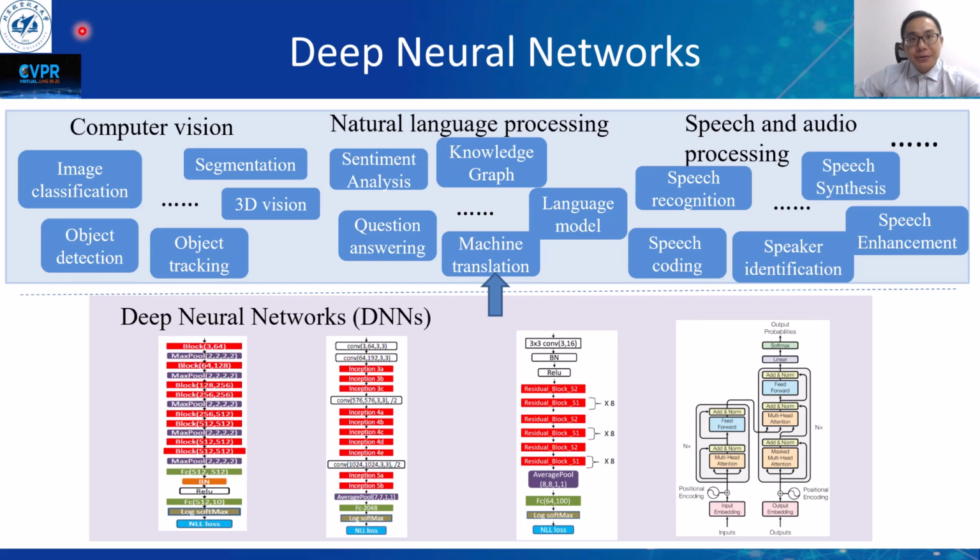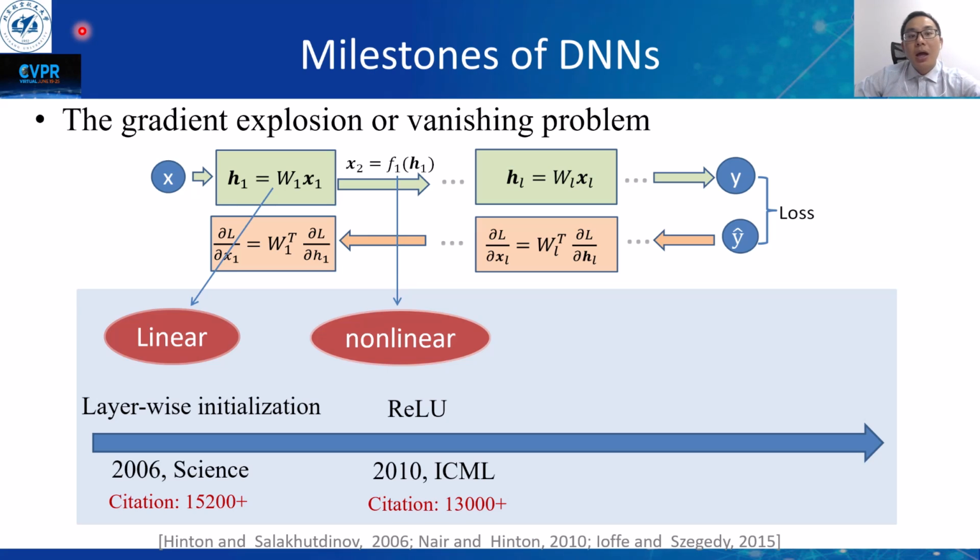As everyone knows, deep neural networks have been extensively used across a broad range of applications, including computer vision, natural language processing, speech and audio processing, and so on. Deep neural networks are typically composed of stacked layers.